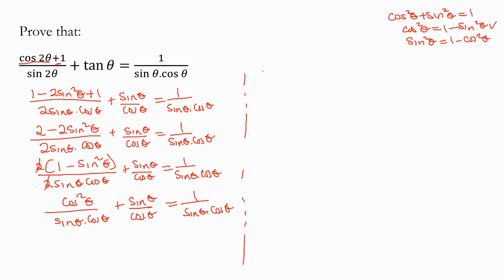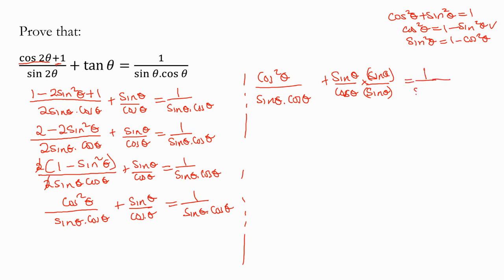So it's going to be cos squared theta over sin theta cos theta plus sin theta over cos theta, and then times sin theta, so that we get our LCD, is equal to 1 over sin theta cos theta.